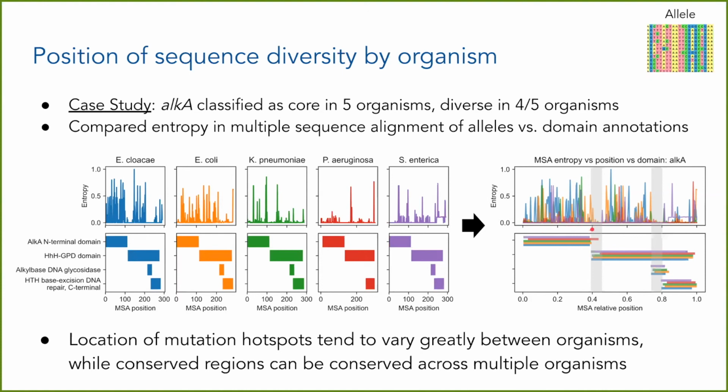For instance, towards the center of the ALK gene, we have this region here that is conserved across pretty much all 5 organisms, and is located between the ALK N-terminal domain and this helix-hairpin-helix GPD domain responsible for nonspecific DNA binding. Additionally, we get a similar scenario here of also universal conservation of ALK at this region, which corresponds exactly to this alkyl-base DNA glycosylase domain, which contains both the binding pocket and active site of the ALK enzyme.